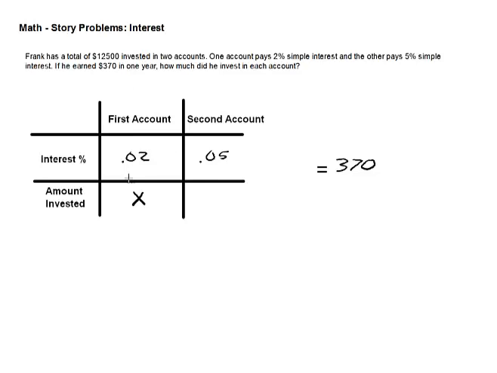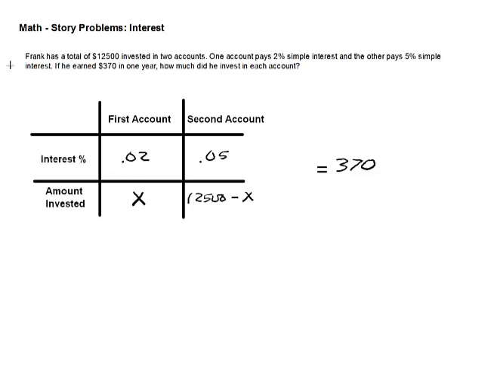Because we don't know the first amount, we just use the X. So we're going to take 12,500 and subtract X, because that's how much we have invested in the first account, and that'll give us our total in the second account.